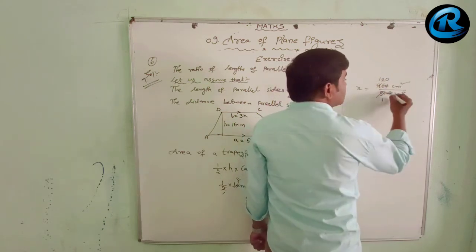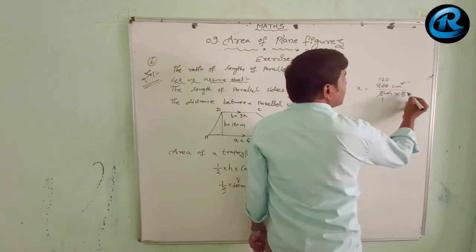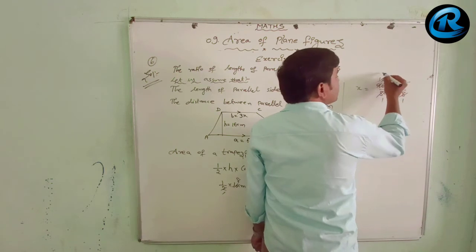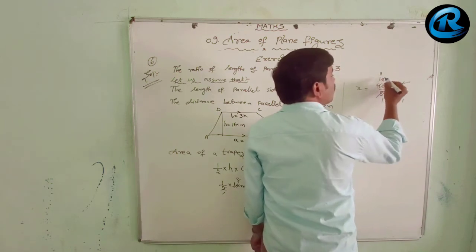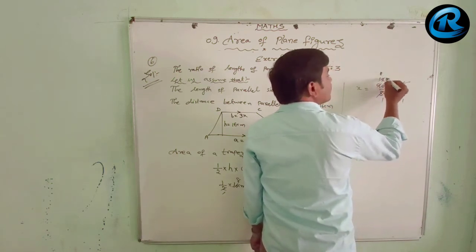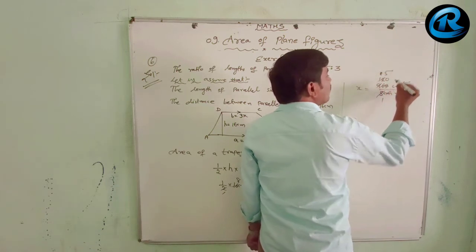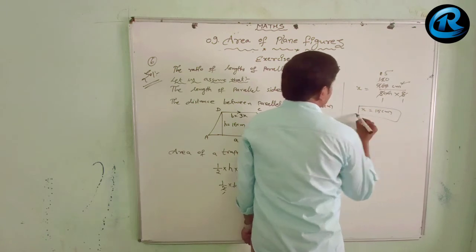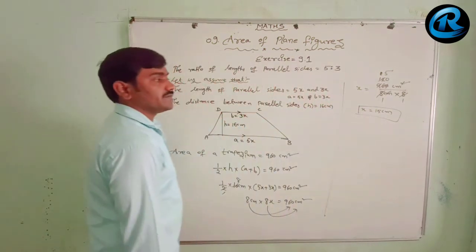Finished. So 1 centimeter and 1 centimeter cancel. Again, in the 8 table, 8 ones are 8, 4 left, that becomes 40. 8 fives are 40. So x equal to 15 centimeters.